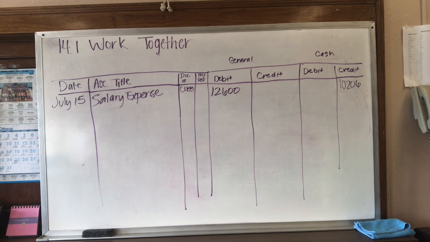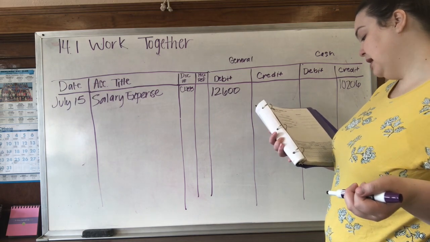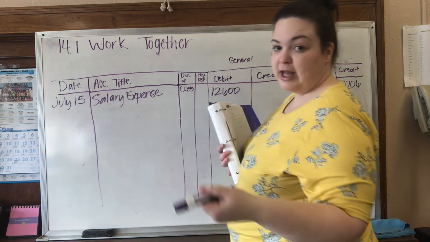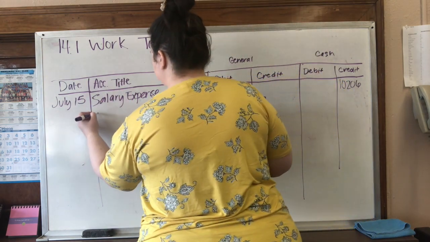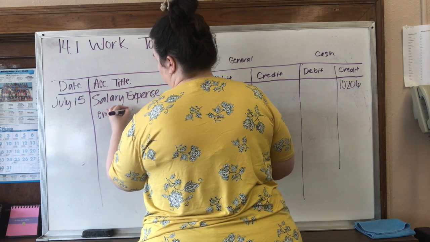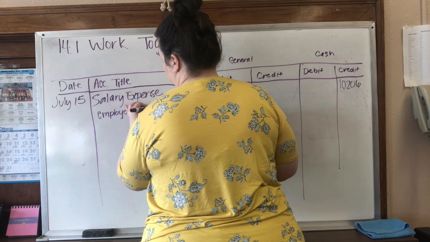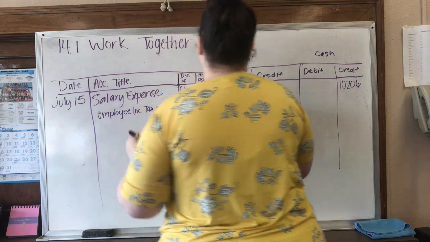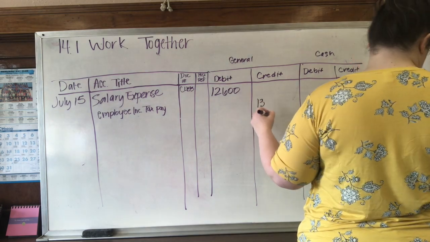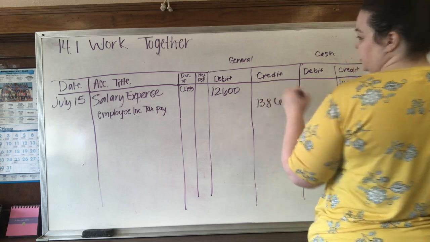You also need to make sure that you're putting in your employee income tax payable, your Social Security tax payable, and your Medicare tax payable. So we're going to do employee income tax payable first. The account title, it's all on July 15th, so you don't need to restate the date. Go over here and put that number in, $13.86.